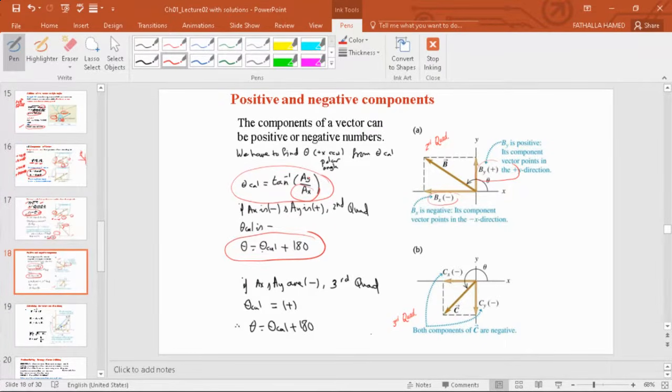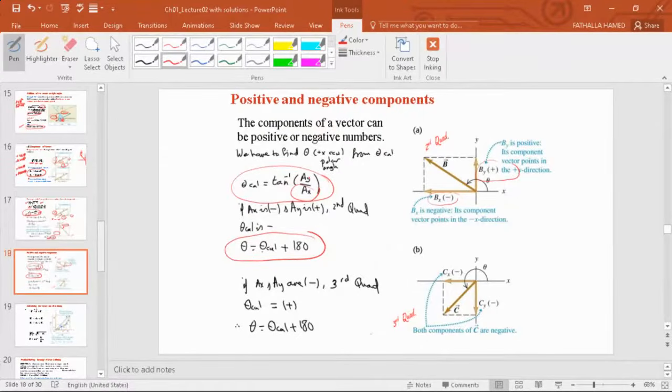If your X is negative and your Y is positive, you are in the second quadrant, then add 180 degrees to your calculated value of theta. If your X component is negative and your Y component is negative, then you are in the third quadrant.